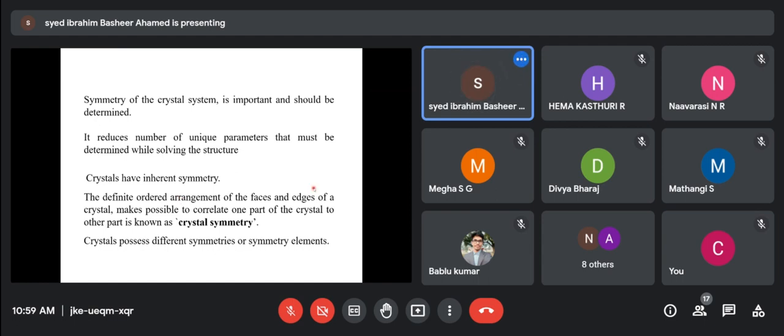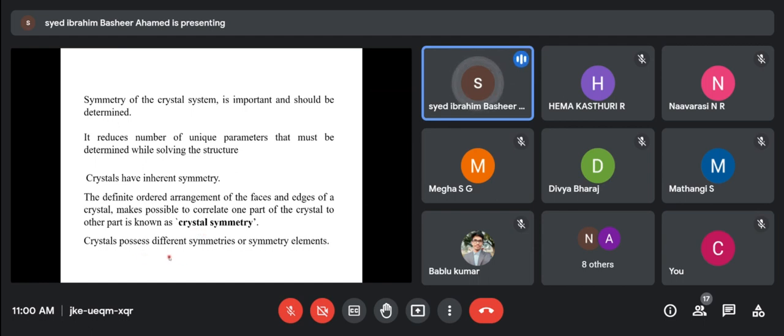So the symmetry of the crystal, the crystal system, is important and should be determined. It reduces the number of unique parameters that must be determined while solving the structure. Crystals have inherent symmetry. The definite ordered arrangement of the faces and edges of a crystal, which makes it possible to correlate one part of the crystal to another part, is known as crystal symmetry.